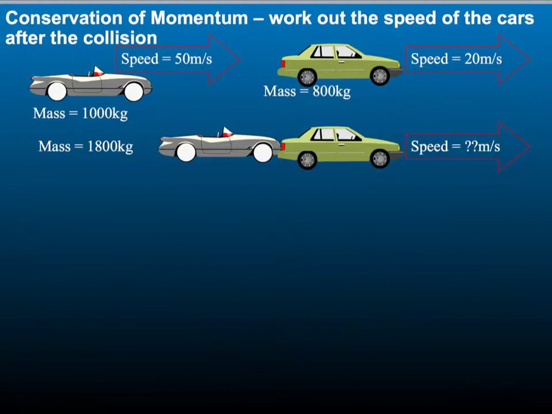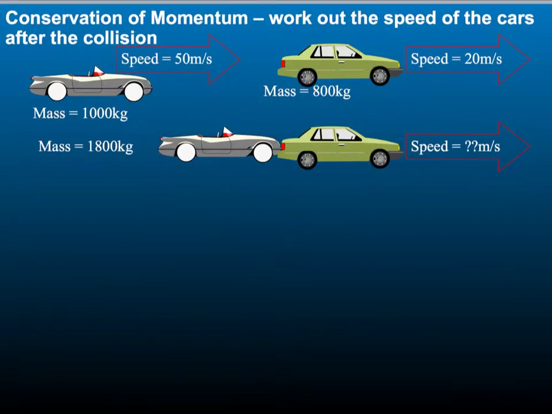That means the mass of the new object is the masses of the individual cars added together. So the mass of this object is now 1800, which comes from 1000 plus 800. The question is asking us to calculate the speed that the two cars move away with.